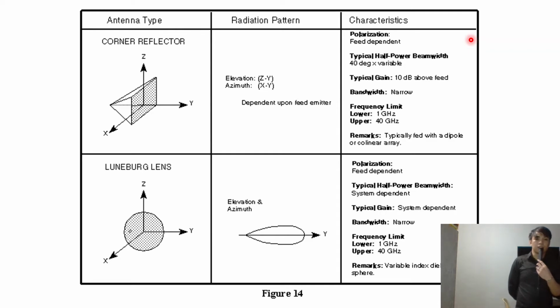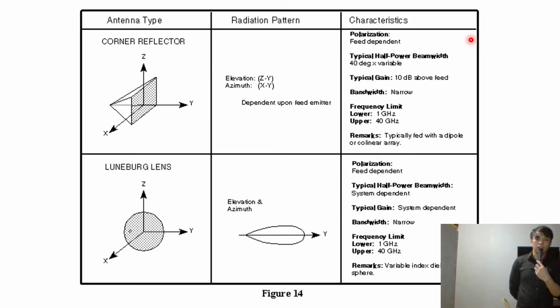So it depends. Its typical gain is 10 decibels above feed, and its bandwidth is narrow. The lower frequency limit of corner reflector is 1 gigahertz, and the upper frequency limit is 40 gigahertz. Remarks: typically fed with a dipole or collinear array.